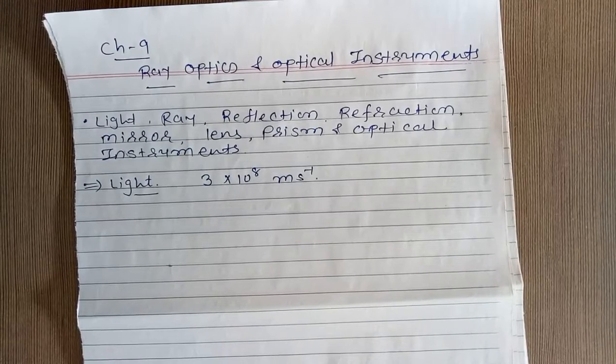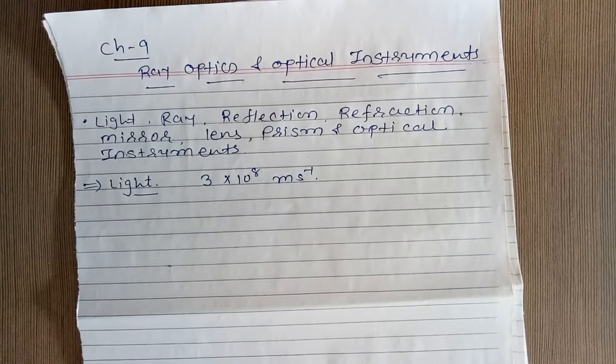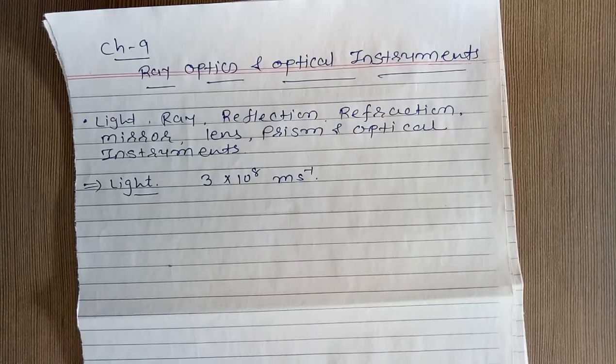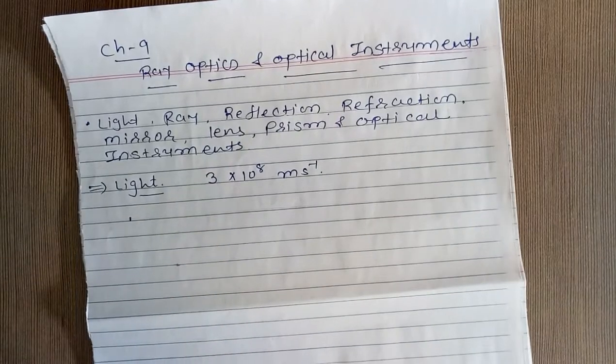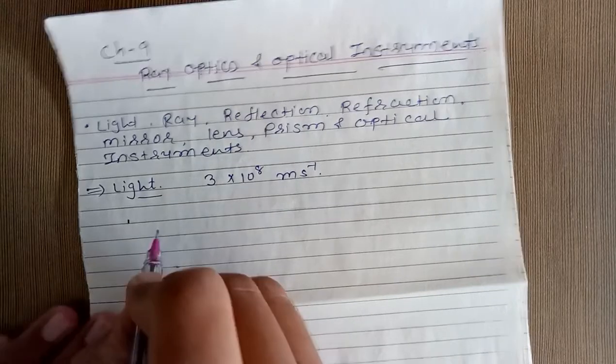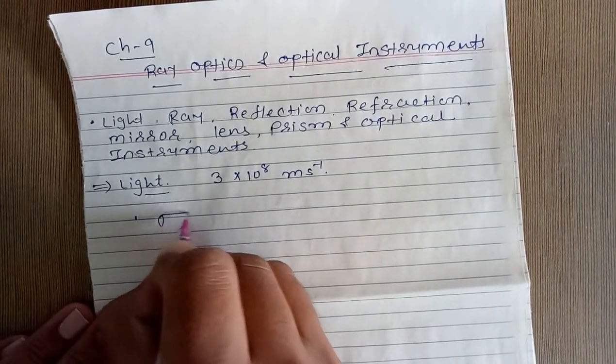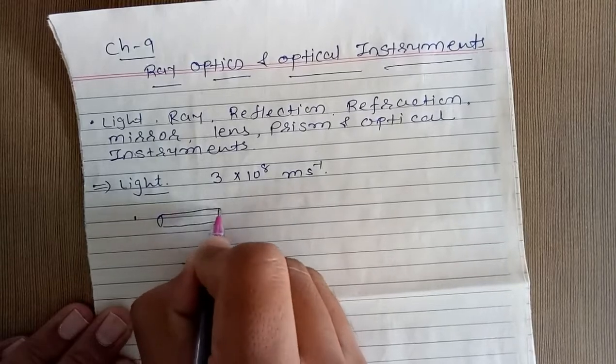You can see that the light is traveling from one end to another end. Okay, so we can say that light is traveling from one end to another end in a straight line. For example, suppose this is your laser.